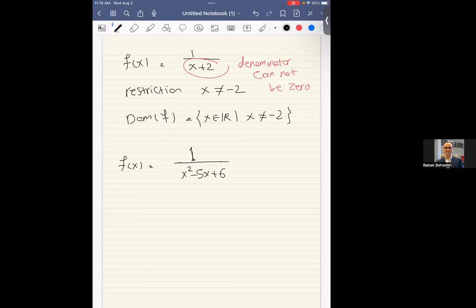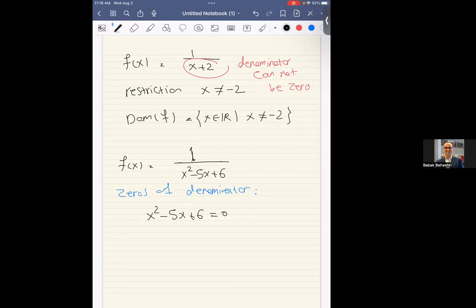So given a rational function, you look at the denominator, find the zeros, and then exclude them. So what are the zeros of the denominator? That means at what values of x is the denominator 0? So x squared minus 5x plus 6 equal to 0.